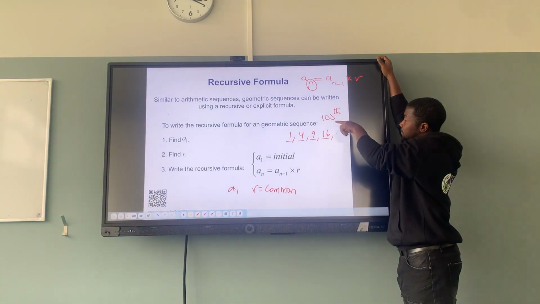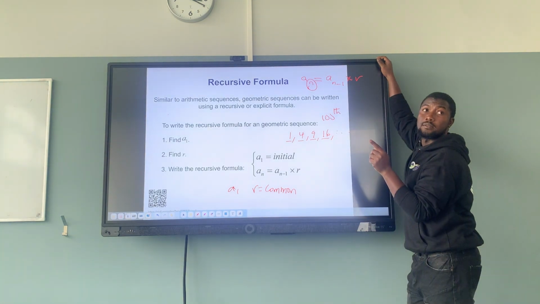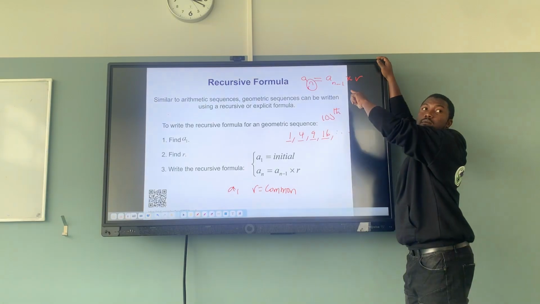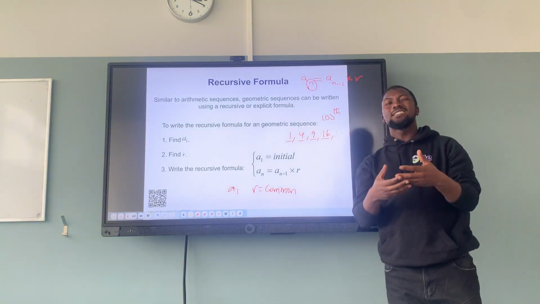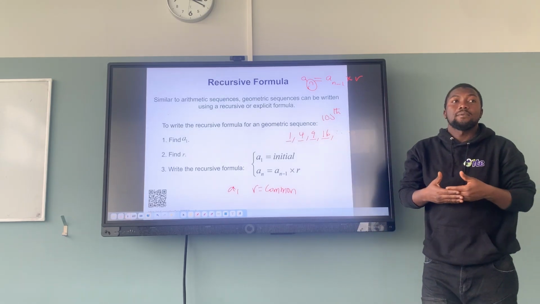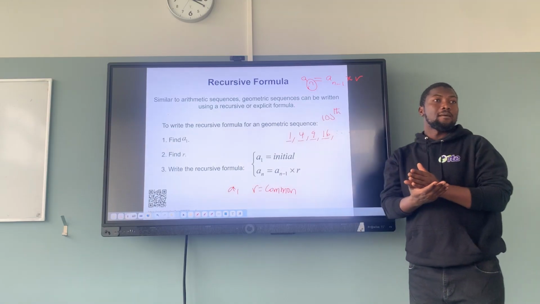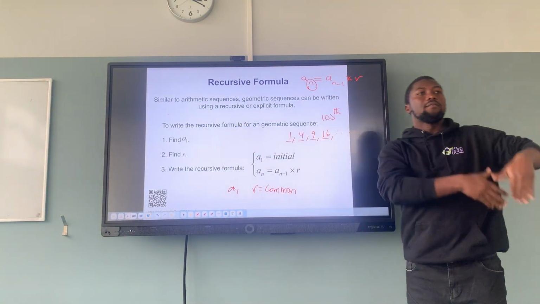If you are finding the 100th term, n becomes 100, so this will be a100 minus 1, which is a99. Remember, the last term before the 100th term is the 99th term, the term in the 99th position. That times the common ratio will give you the 100th term.